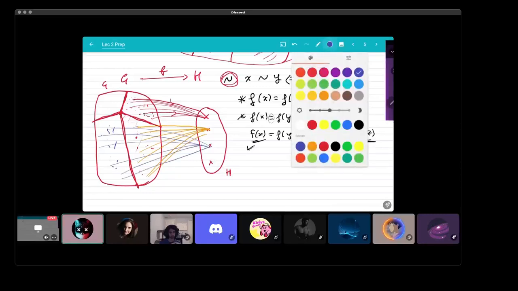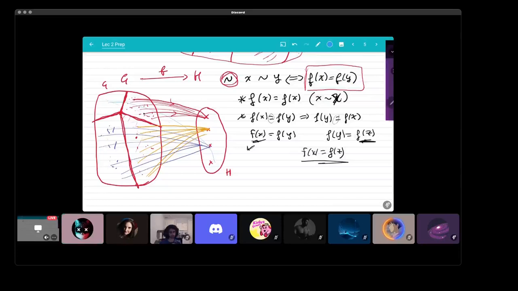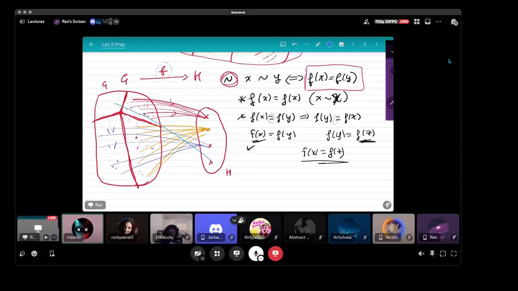and so on. So we kind of see that it gives rise to some sort of bijection, even though F is not bijective itself.